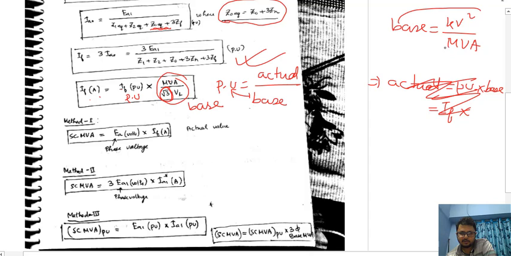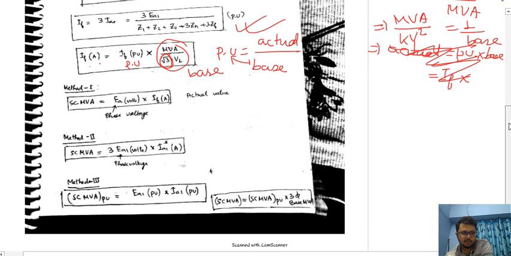If you shift base to that side, it becomes MVA by kV square equals 1 by base, because it is actual by base. So this will come here, this will go there. Is it clear? I hope it is very clear to all.